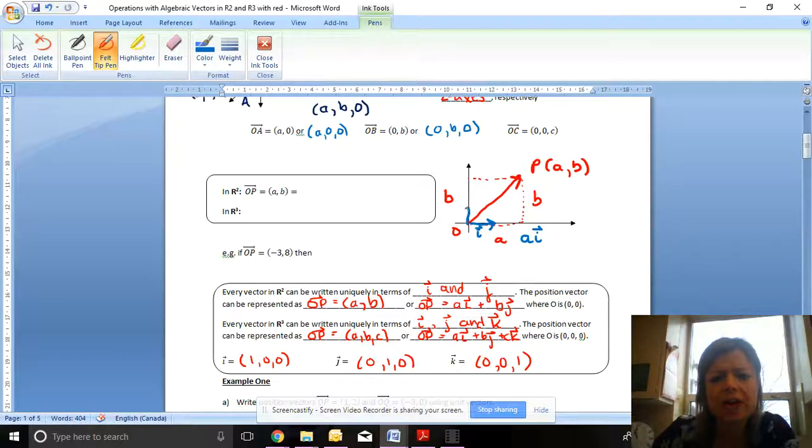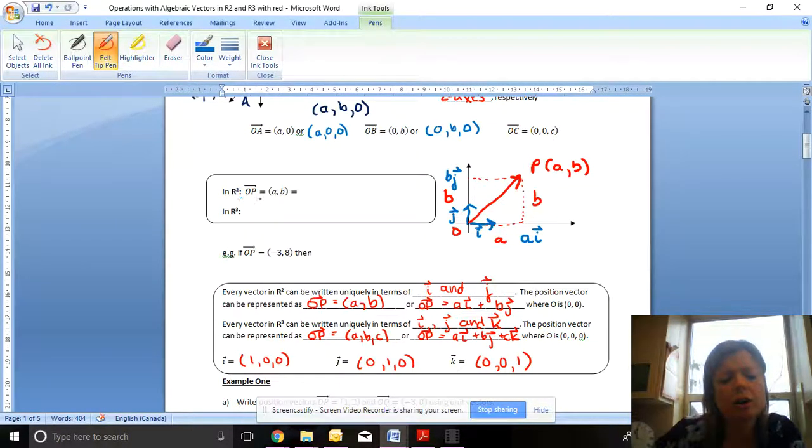Similarly, j is a unit vector in the y-axis direction, so this whole distance from here to here is represented by b times j, because it is in the direction of j, and then b long.